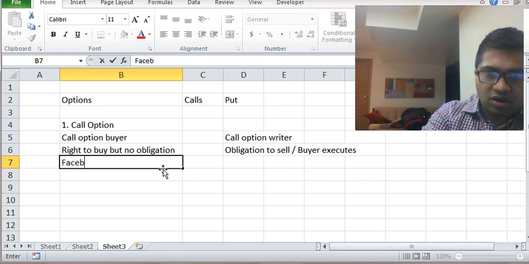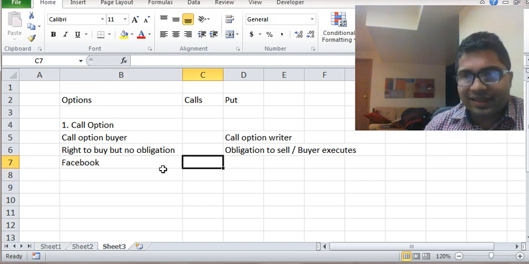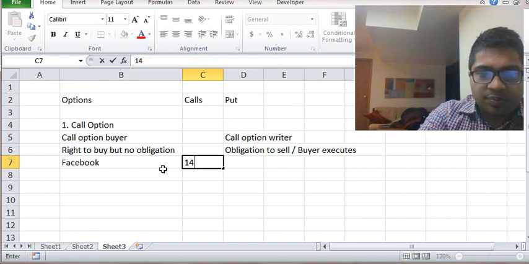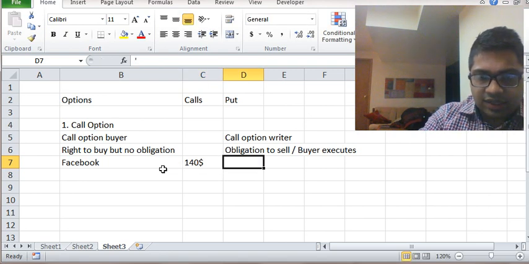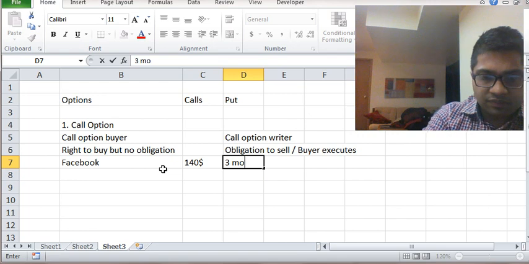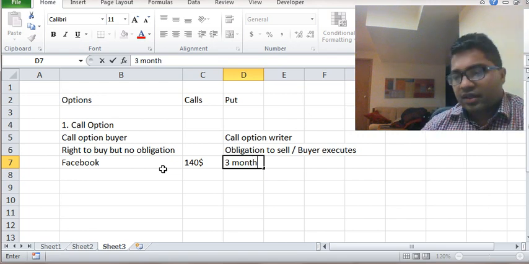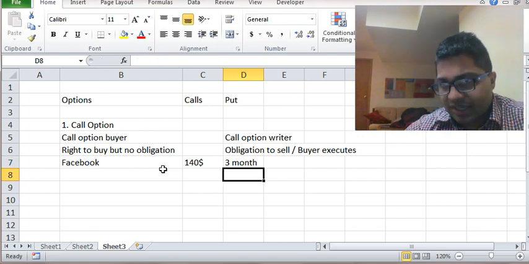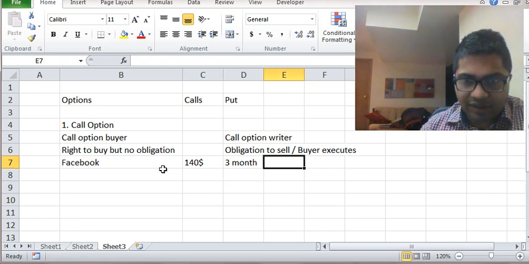Let's continue the example of Facebook. So a Facebook stock call option is trading like this. The price of execution is $140. It's a 3-month call, so within 3 months you can execute it, and if it is an American option, you can execute it any day.